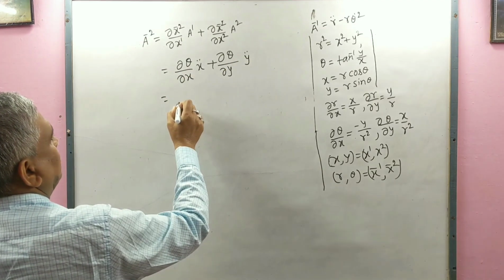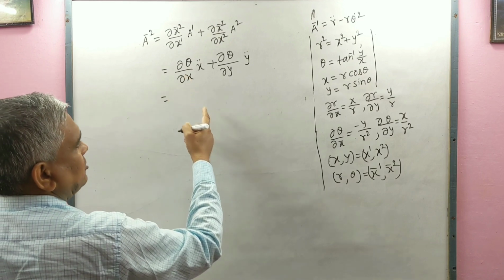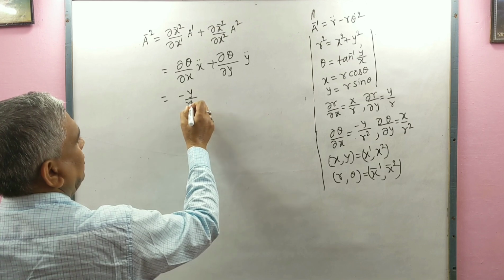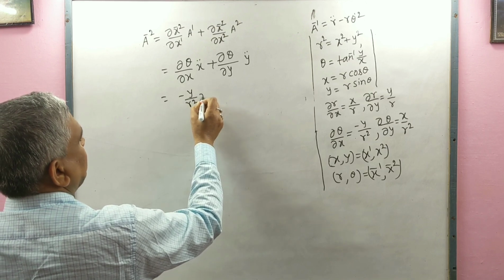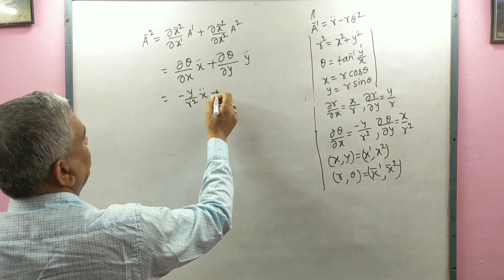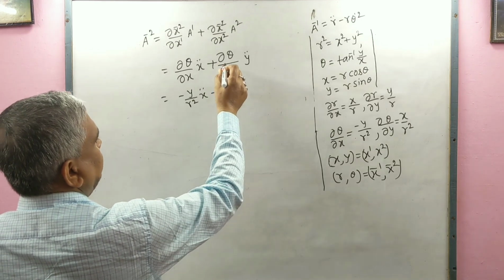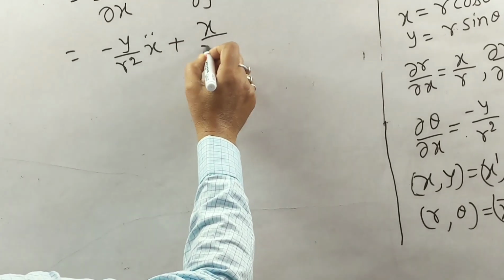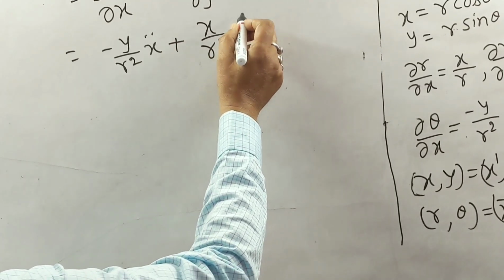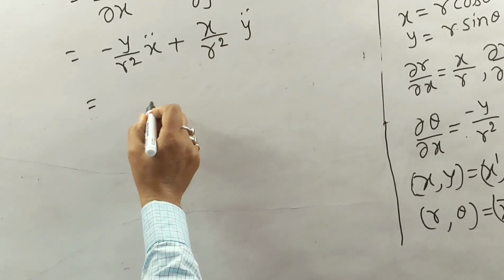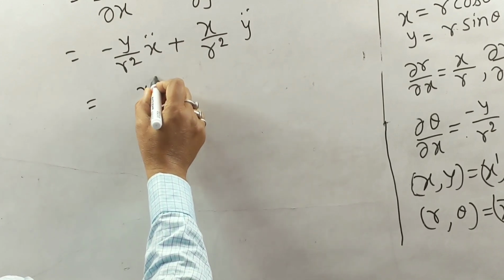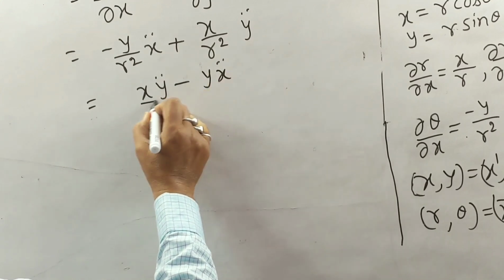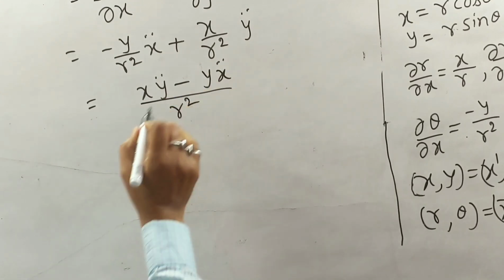Del theta by del x is minus y by r square, x double dot, plus del theta by del y is x by r square, y double dot, equal to x y double dot minus y x double dot by r square.